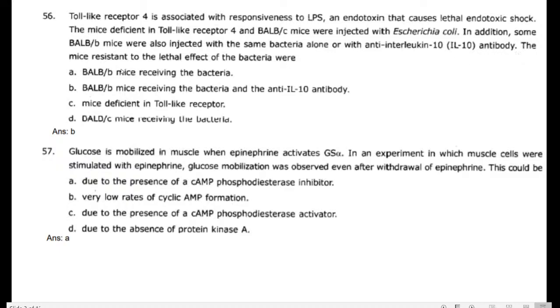The mice resist the lethal effect, so there is no endotoxin shock.